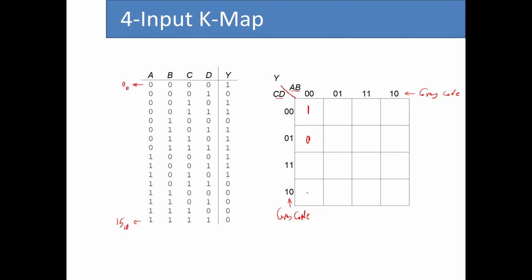And then we have 0, 0, 1, 1, the value is 1. So let me just quickly write it. This is the first, this is the second, this is the third, this is the fourth row.